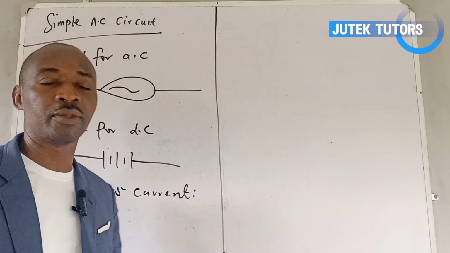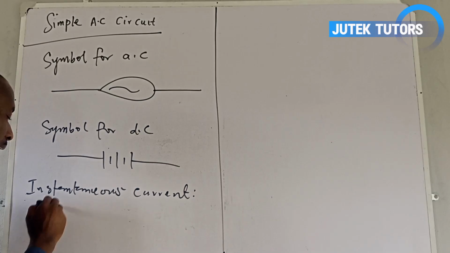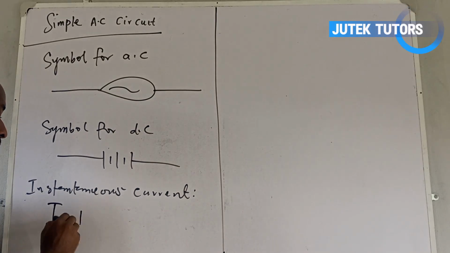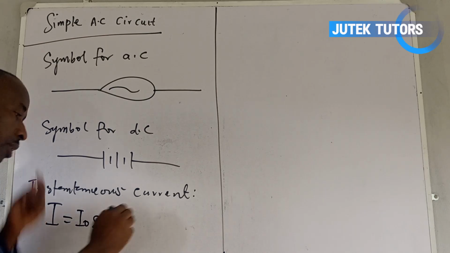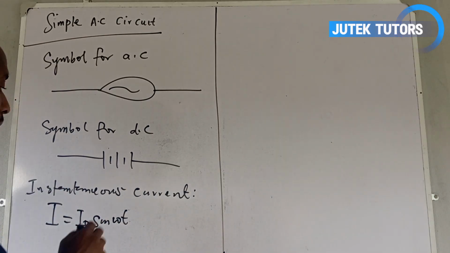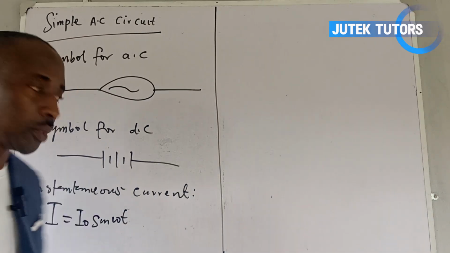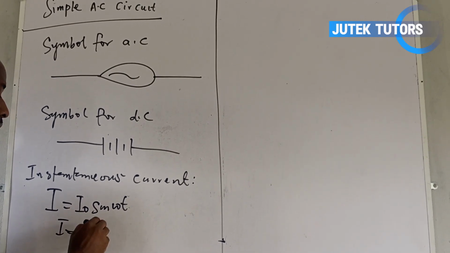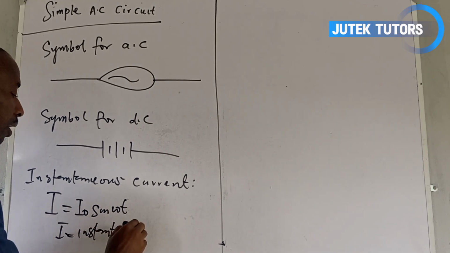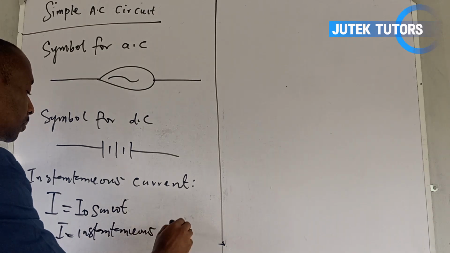How do we express it mathematically? We say I is equal to I naught sine omega t. This omega is what we call the omega. You understand? I here represents the instantaneous current.